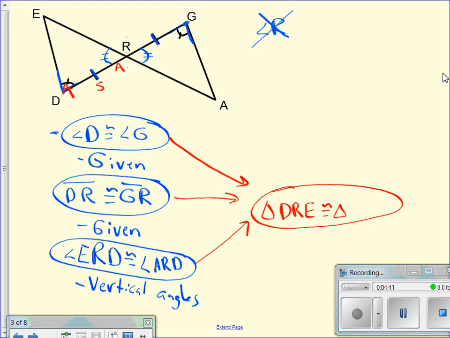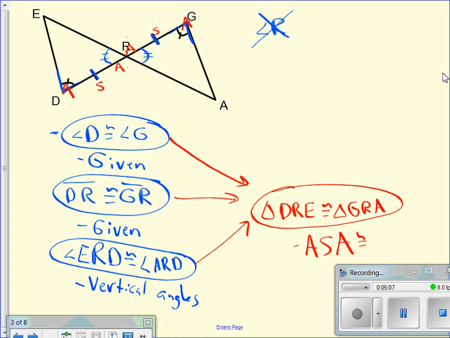Let's see. I went from D to R to E. I want to go from this angle to the side, to the other angle, then to the last one. So do it the same way. GRA. Lastly, the reason is angle, side, angle, congruence shortcut. That's like from the previous video we looked at determining that. Awesome. All right, one down.